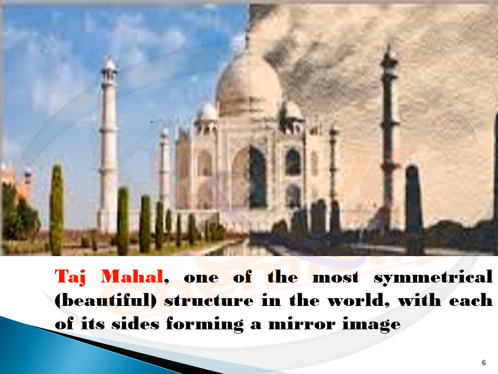If the Taj Mahal is bisected into two equal halves, the right one is a mirror image of the left one. That is why it is called a beautiful piece of art, because it is symmetrically designed, and each side forms a mirror image when a line is passed through its center.